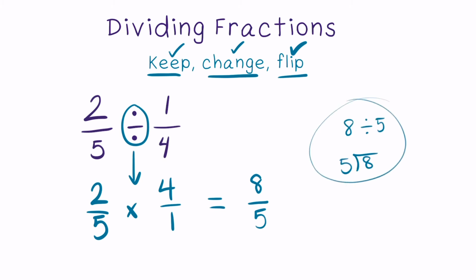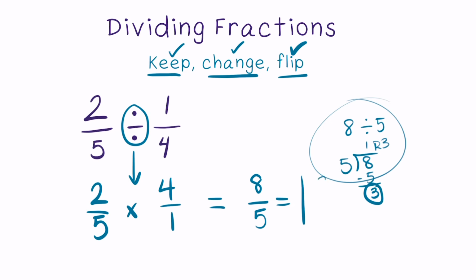To figure out 8 divided by 5, we simply have to figure out how many times 5 goes into 8. We know there's one group of 5 in the number 8. But there's going to be a remainder, because while there's one group of 5 in the number 8, there's 3 left over, or a remainder of 3.